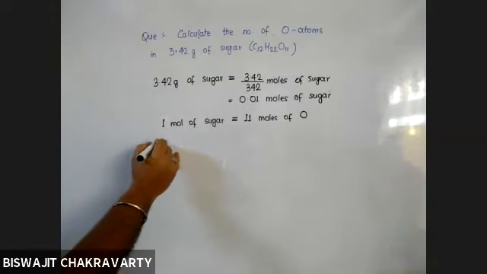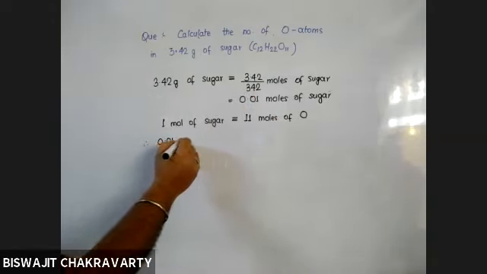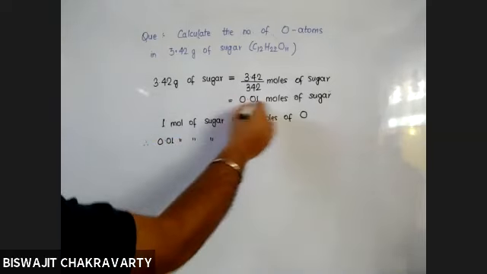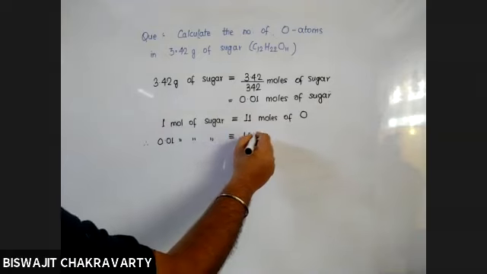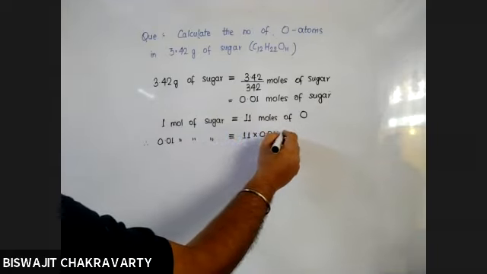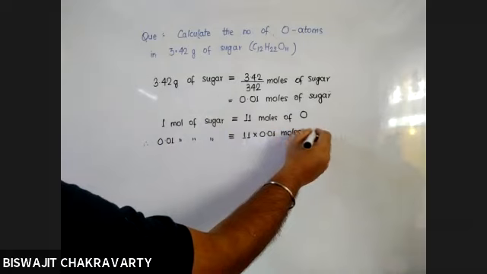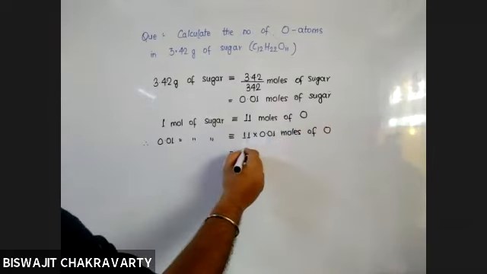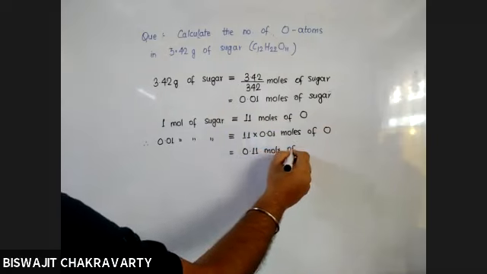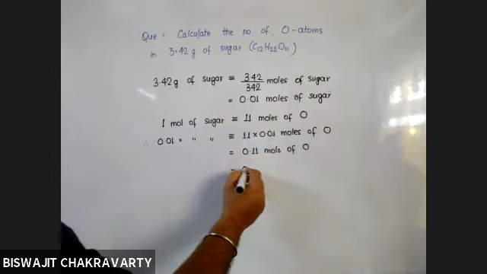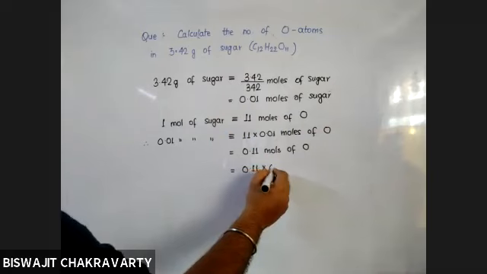So therefore, 0.01 mole of sugar, because we are interested in this much, will it not contain 11 into 0.01 moles of oxygen? Yes or no? Is it not 0.11 moles of oxygen? Now finally you multiply with Avogadro's number.